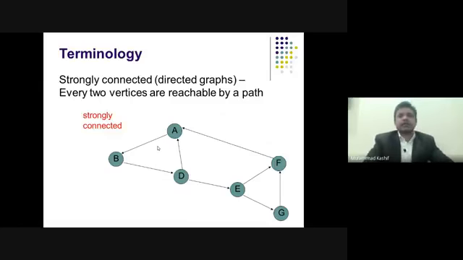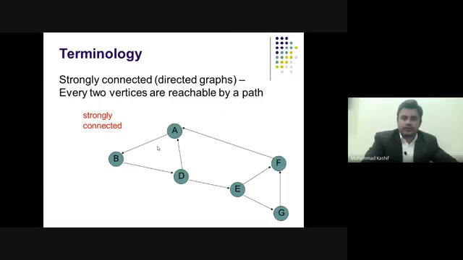So what is a strongly connected graph? This is an example of a strongly connected graph, where we can reach any two vertices by a path. For example, if we are on A, obviously we can move to B, we can move to D, and we again come back to A. And by using D, we can move to E, and then E to F, and F to A, right?